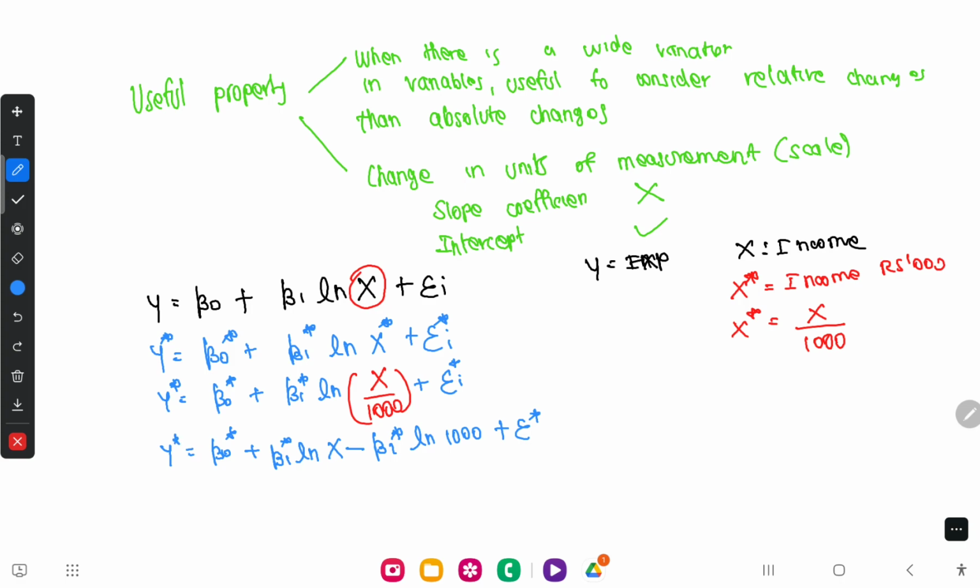Now beta 1 ln 1000 is a constant. So this will get added with this constant.